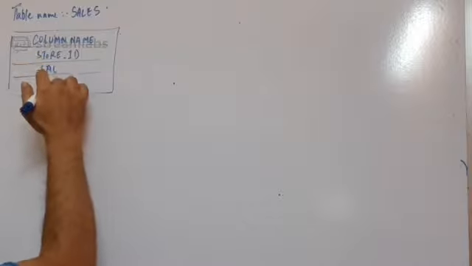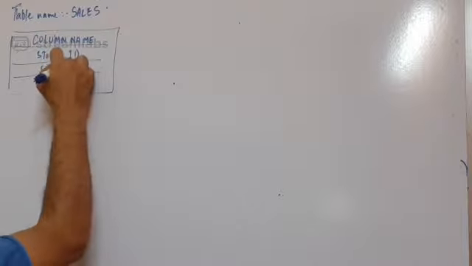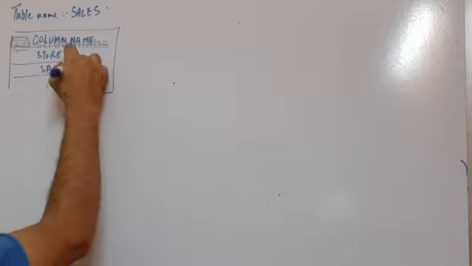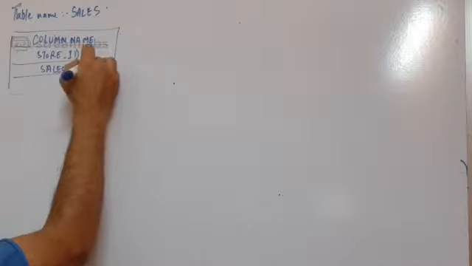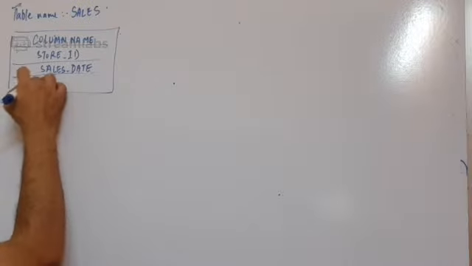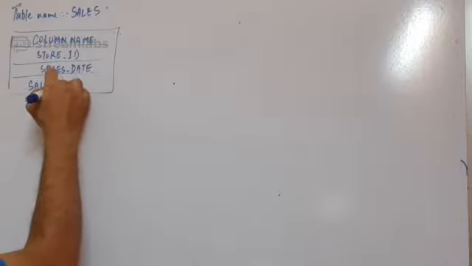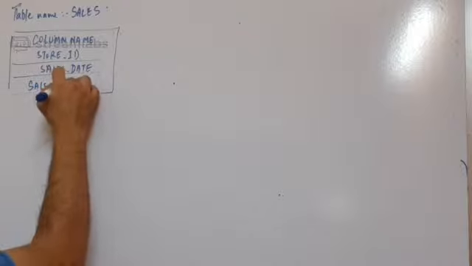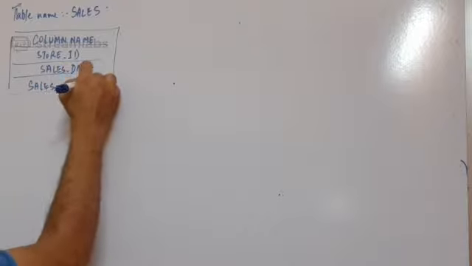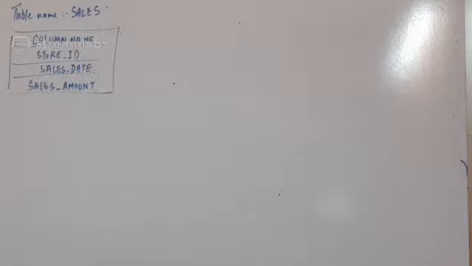The first column name is store_ID, and this will be your sales_amount. So there are three particular columns out here.